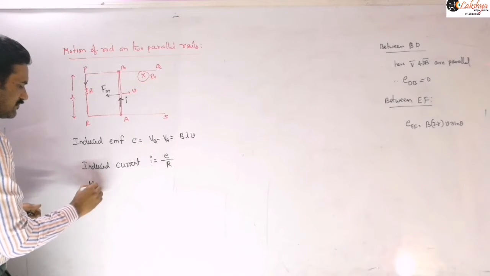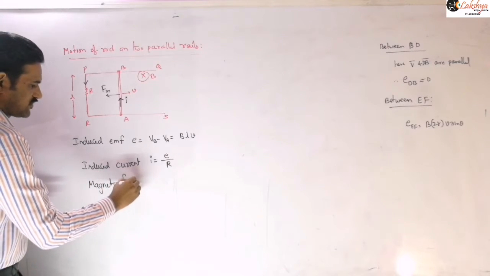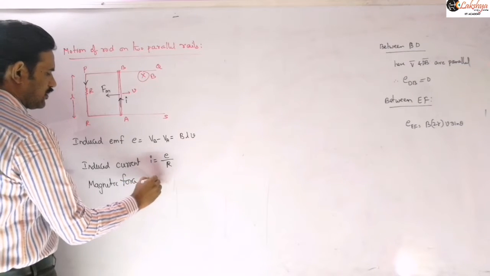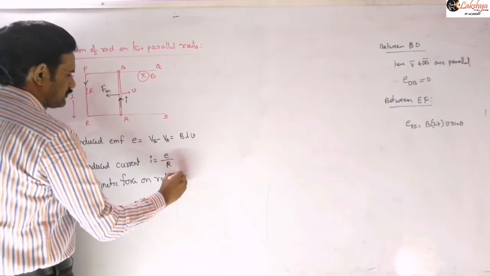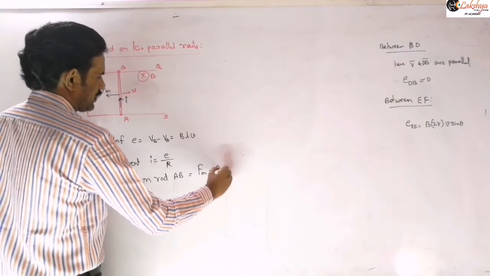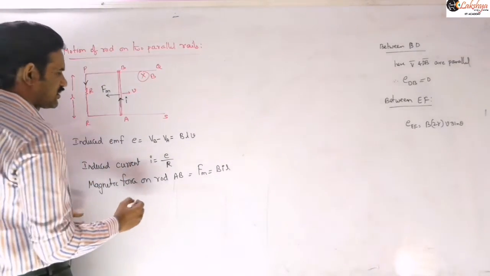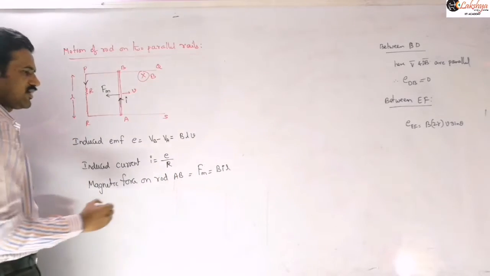Therefore I am writing here, magnetic force on rod AB. So F magnetic is equal to BIL sine theta, and that theta value is 90 degrees. Now we can substitute that I value here.